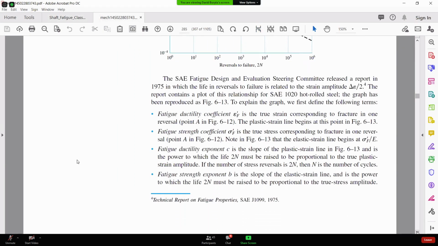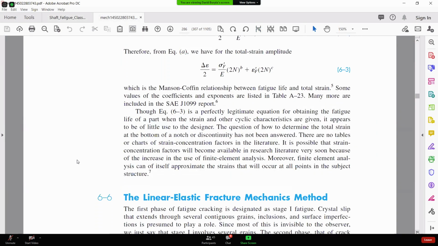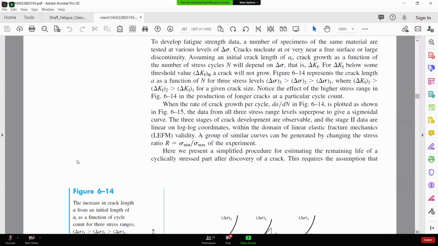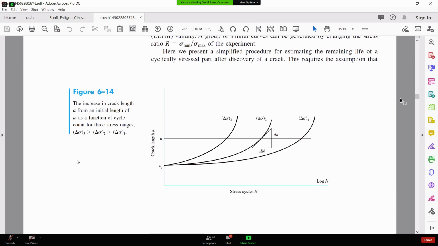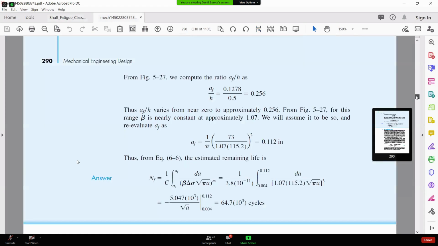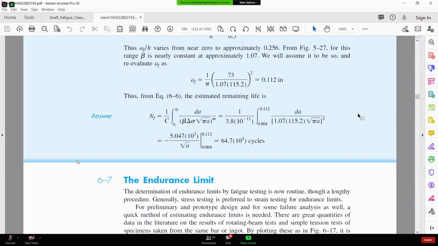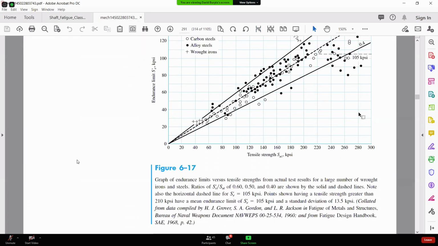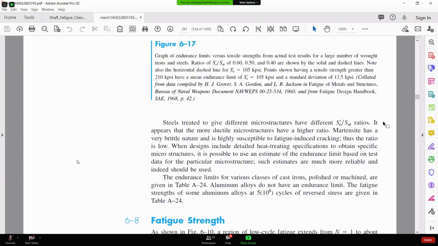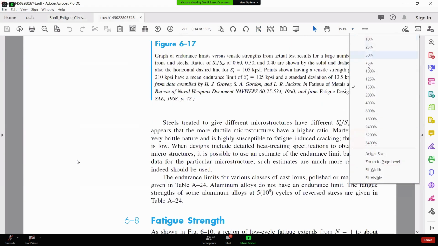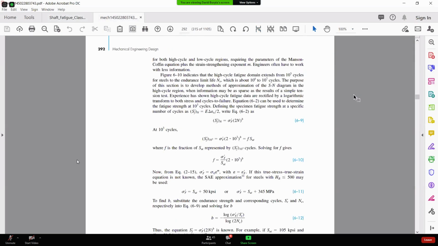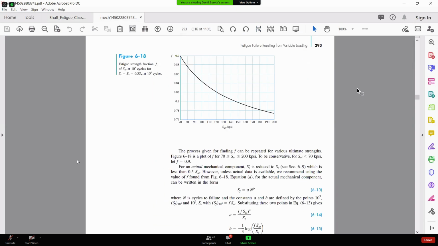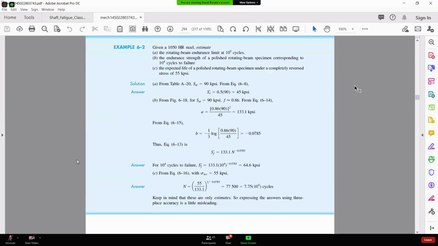So in this particular book, we want figure 6-20. I think it's 303 in the PDF, so you've got a bit of scrolling.